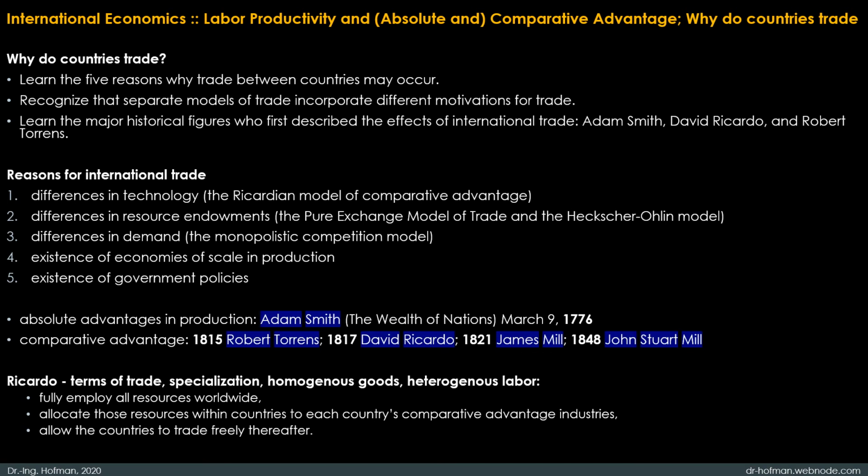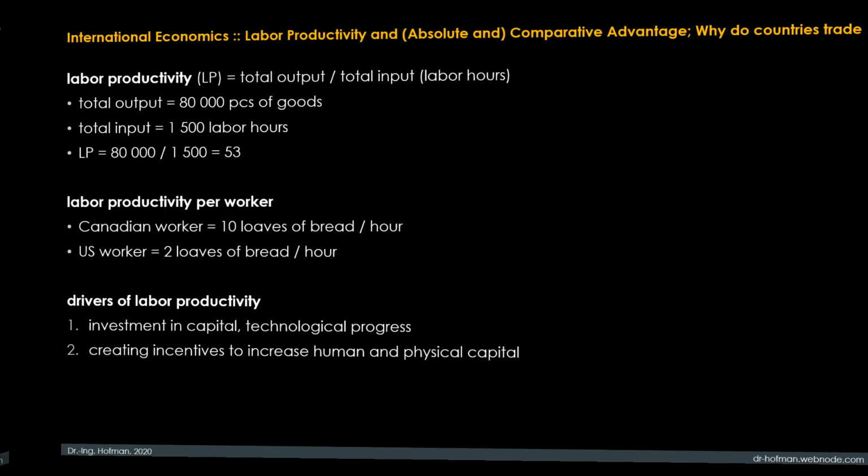The Ricardian model shows that if we want to maximize total output in the world, then we should fully employ all resources worldwide, allocate those resources within countries to each country's comparative advantage industries, and allow the countries to trade freely thereafter.